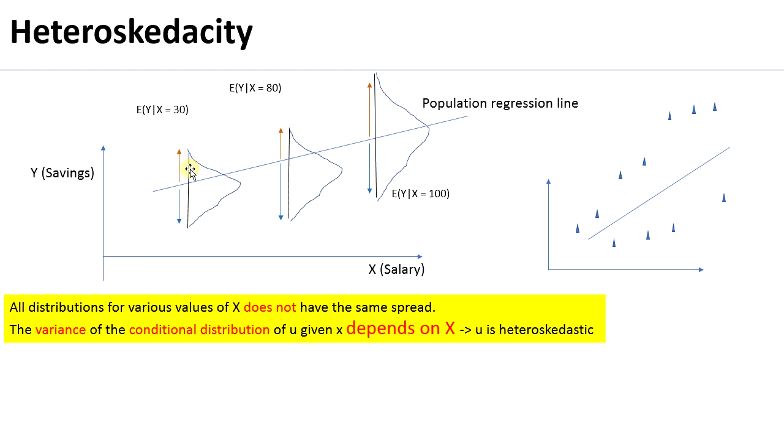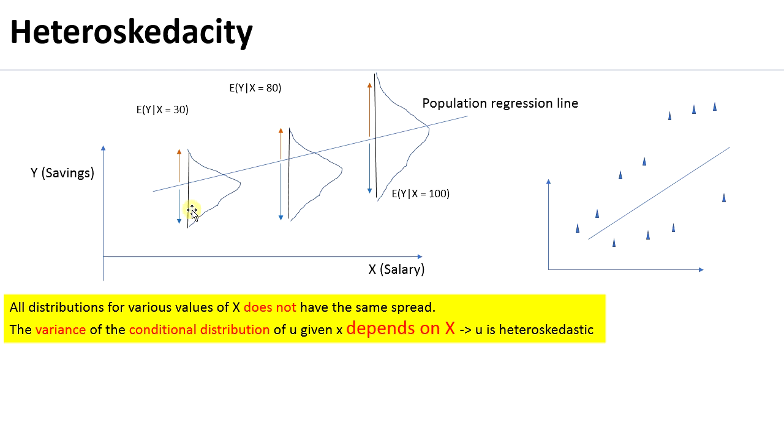The difference between what the population regression line says and what your sample data says will be the error term, and the error term itself will have a spread if we have quite a lot of samples. That's what we are showing here.